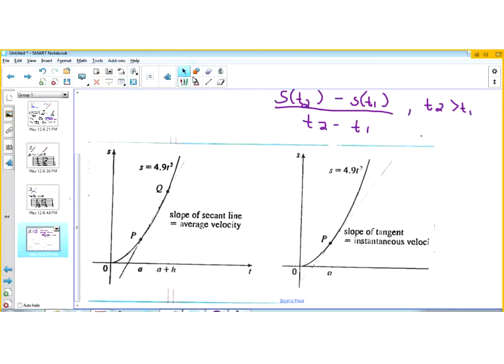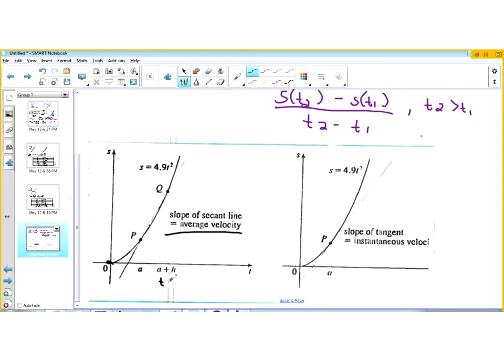Now, here is our position function, and the origin in this case would be, say, the position from which you drop the ball from the tower. So this would be our platform right here at 0. And the ball makes a parabolic trajectory. Now, the slope, look at the note here. The average velocity would be the slope of the secant line.